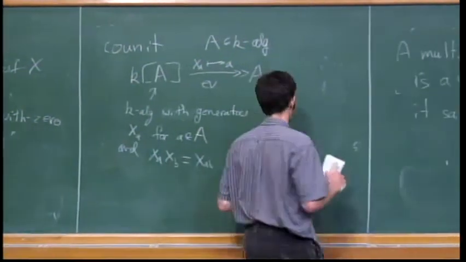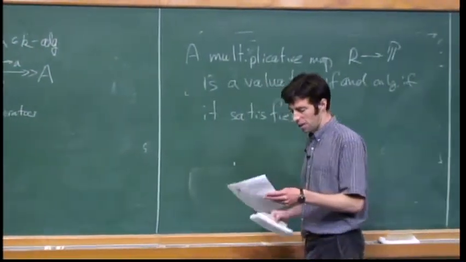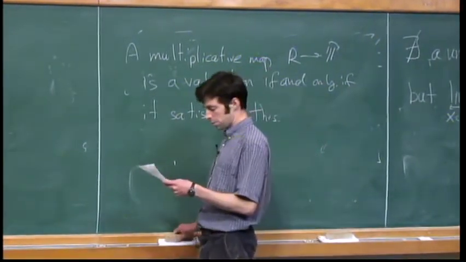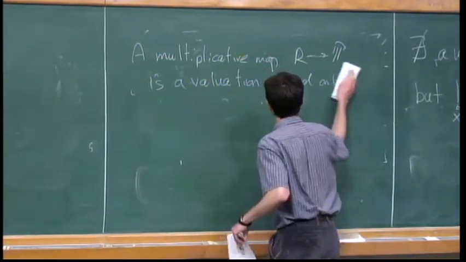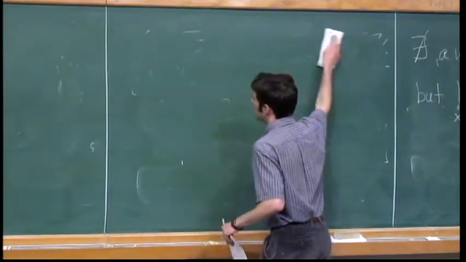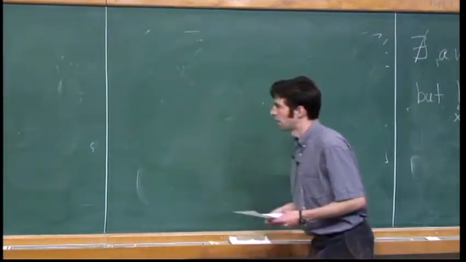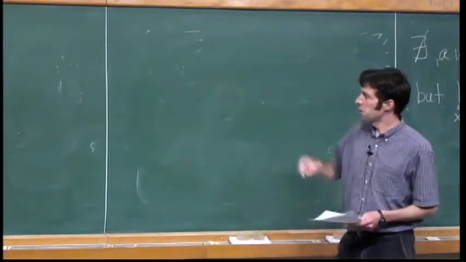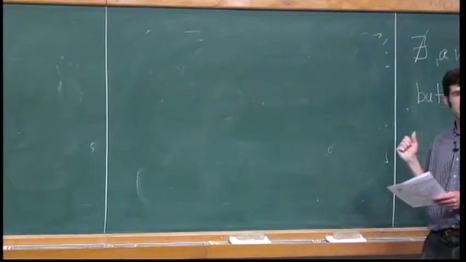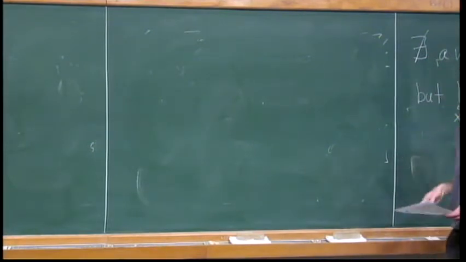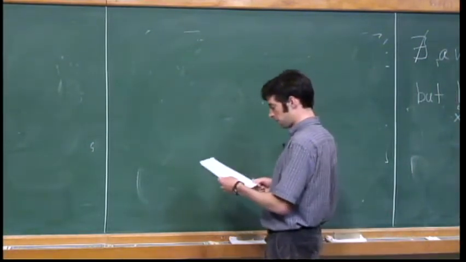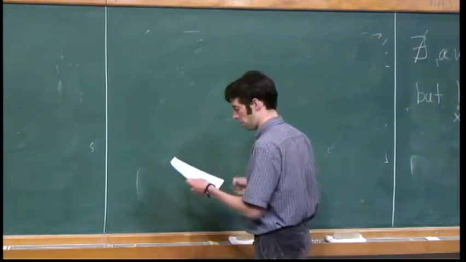I just thought I'd use that word in case you recognize what's going on here. Now, this evaluation map is going to turn out to be very closely related to that observation I made about valuations. I'll come back to that in a few minutes.